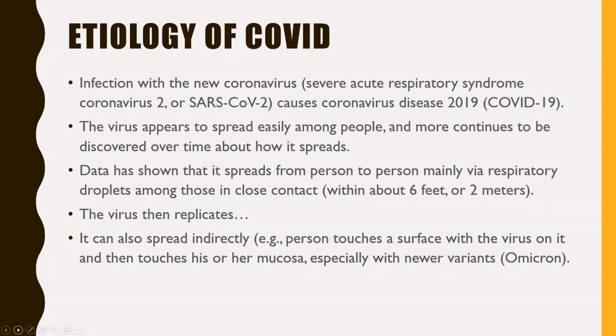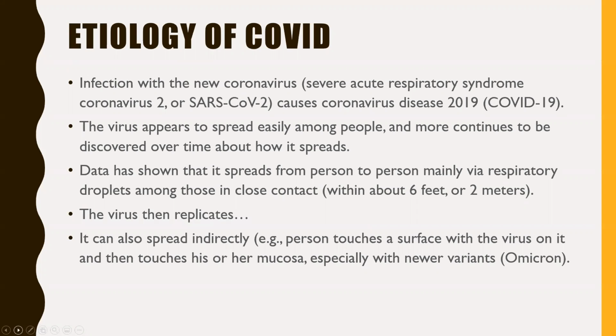Virus appears to spread easily among people. That's kind of variable. Early on, it didn't spread as easily, and with the more recent variants, there's not just the Omicron variant, as is covered in some of our other lectures related to COVID, but there's subvariants.